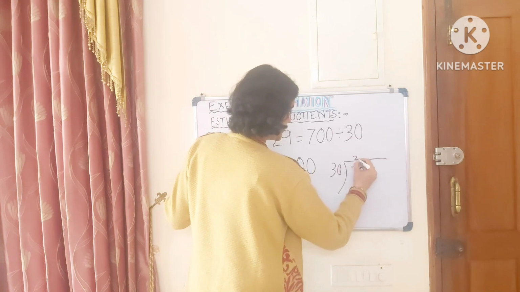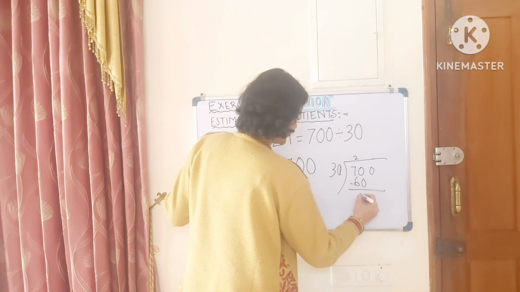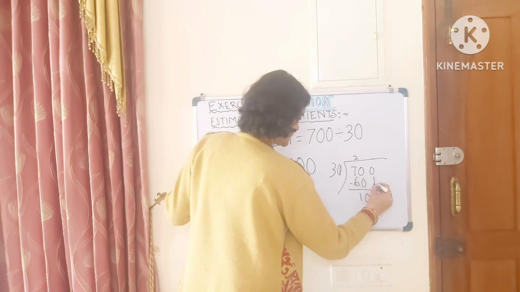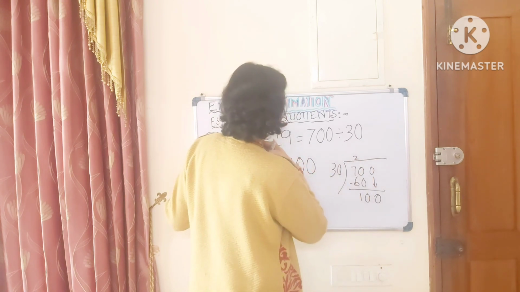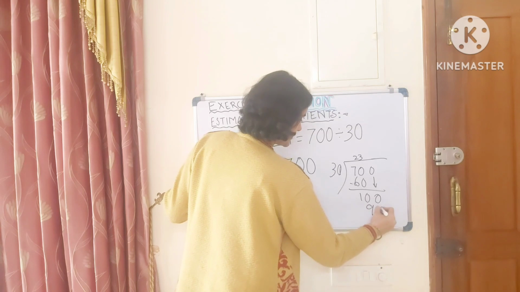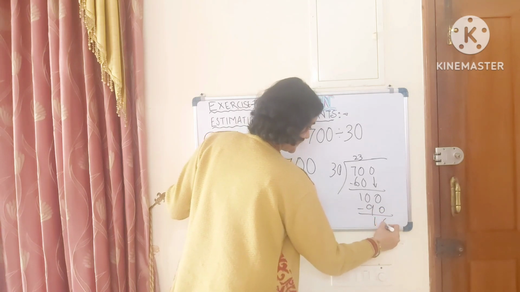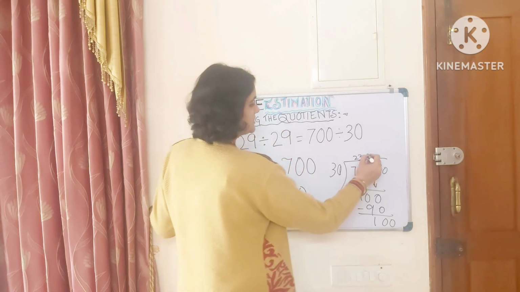3 twos are 6, subtract, 10, 0 comes down, 100. So it will be 3 threes are 9, sorry, 3 threes are 90. Again 10, then now decimals will come. But I need a rough estimate.